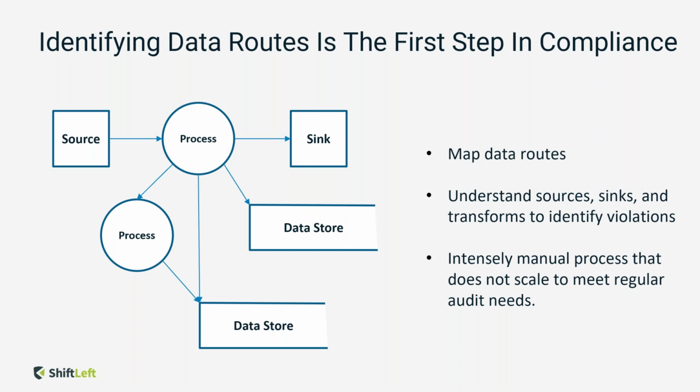In technical terms, some folks call them transforms. Then it flows into what we call data stores and sinks. These could be log files, databases, or sending it back to a customer, onto the web page. This is how data flows between processes in an organization.